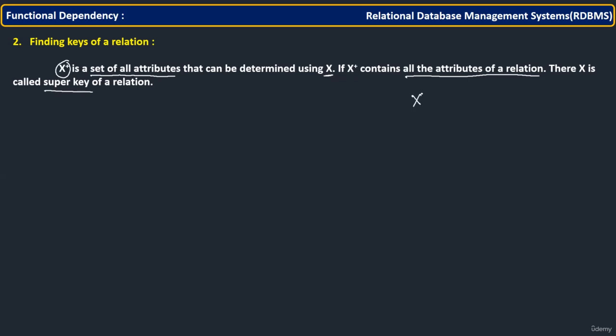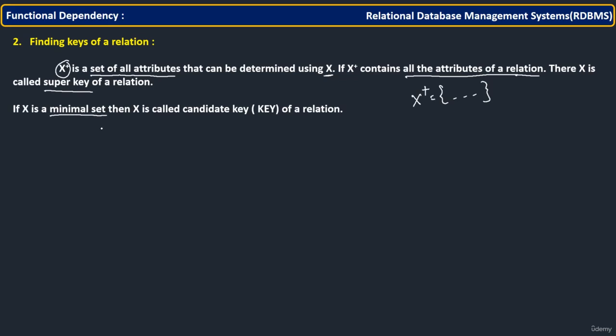First of all, you find the X closure. Then we get some set. If this set contains all attributes of a relation, then we call that X a super key. Further, if X is a minimal set, that means if you remove any attribute from the set and you are still able to get the same derivation, then it is not minimal, that means reducible is possible.